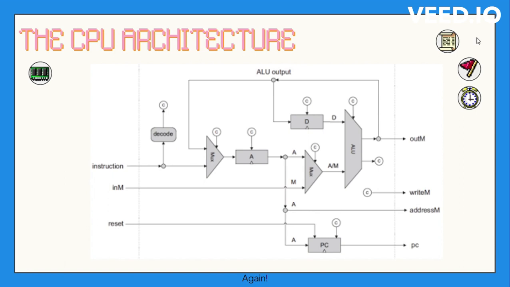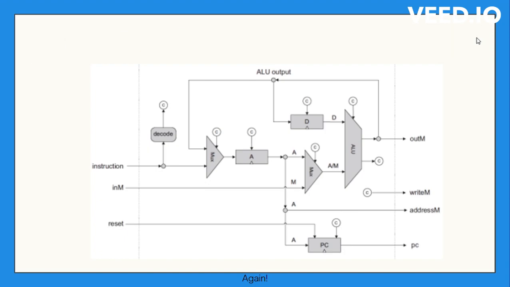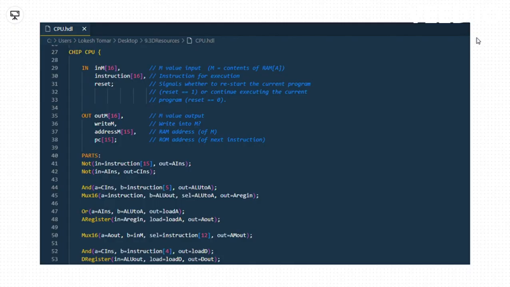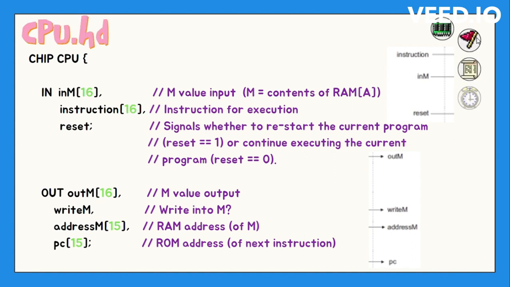Now, I will be explaining the HDL code for the CPU that was provided in the task resources, and I will be doing so in parts to go into the details as much as possible. So here we have the header section specifying the CPU interface, which consists of the chip name and names of input and output pins. For the CPU chip, the chip name will be CPU, obviously.